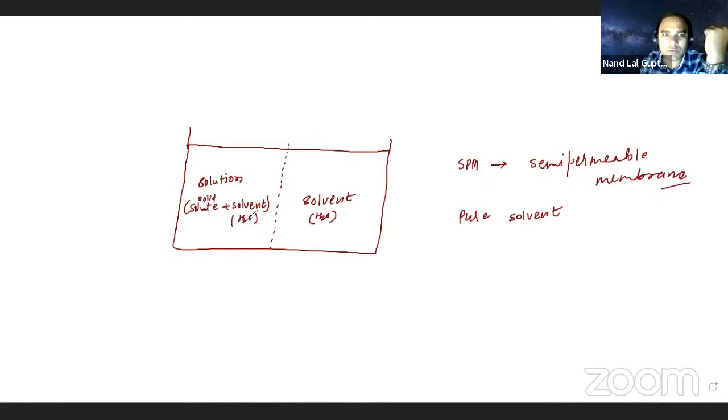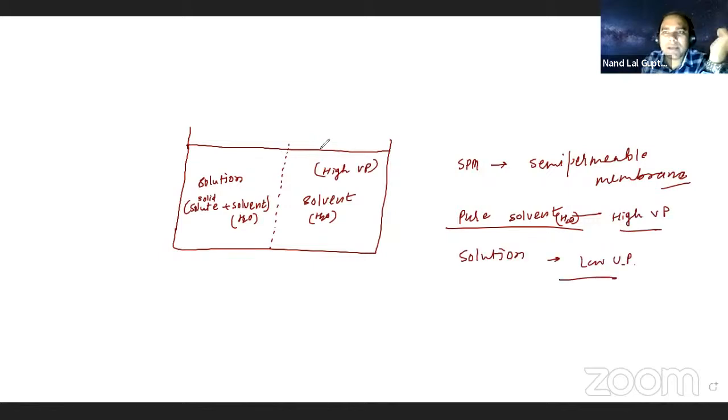If it is pure solvent, all the particles will vaporize, because vapor pressure is a surface phenomenon. So the pure solvent has high vapor pressure, and the solution has lower vapor pressure.